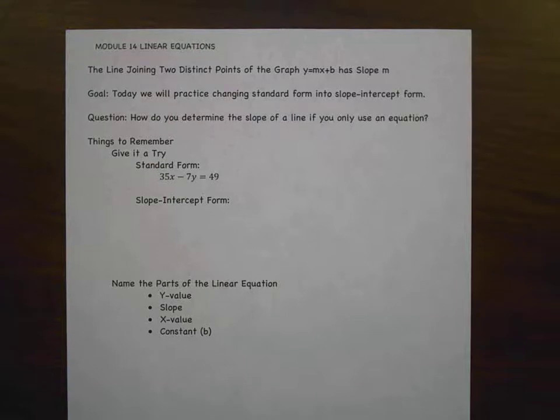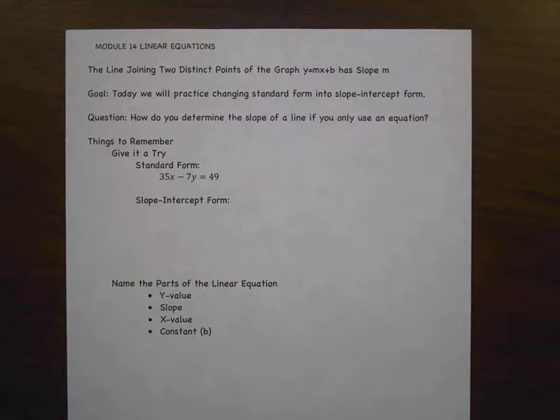And the reason why I want you to be able to do both is because when you get into algebra, you're going to have to understand the parts of standard form and the parts of slope-intercept form and how they are interchangeable, because there's going to be a lot of equations that you are working with, like the quadratic formula, that incorporate the parts of standard form, and if you forget what the parts are, then you're not going to know what you're looking at. So we have to be familiar with both types and both parts of both types.